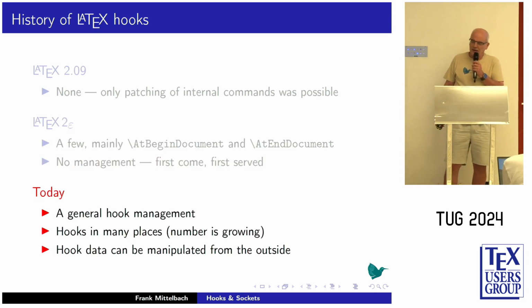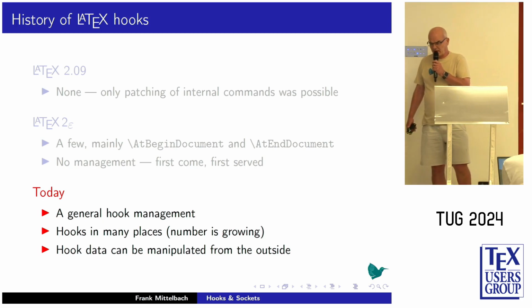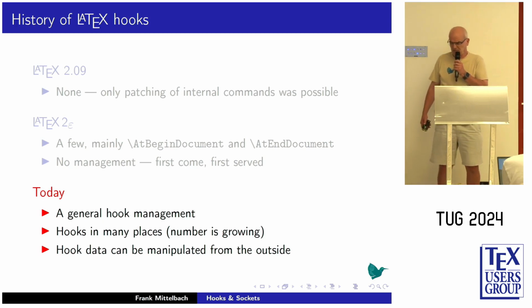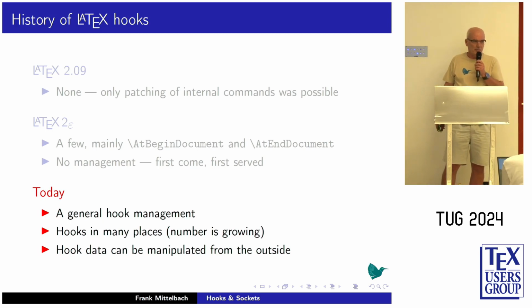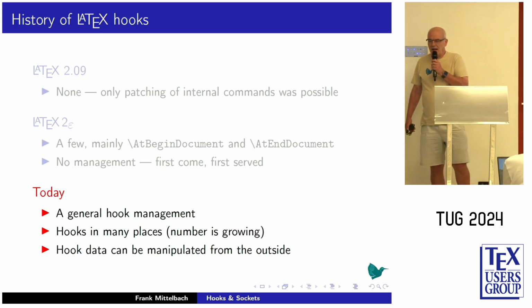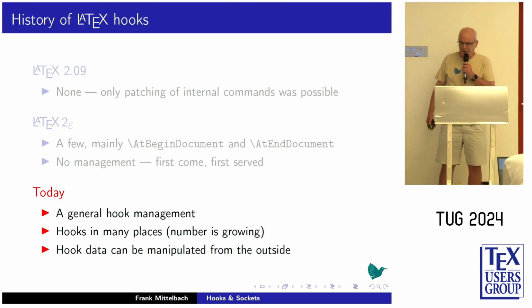Now today, and I think it was introduced a year or two ago, I can't remember exactly when, we have a general hook mechanism available. And we have hooks in many places, and the number is growing.